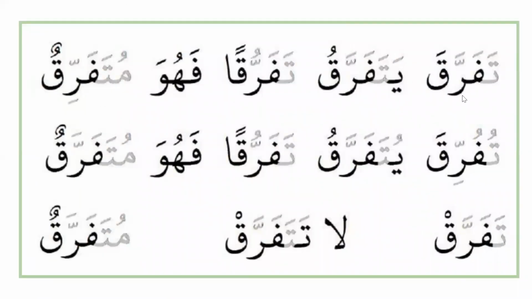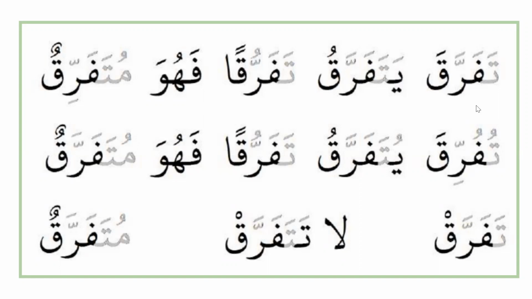And here the root letters are different, but following the same pattern. The root letters are fa, ra, and qaf. So tafarraqa, past tense, yatafarraqu, present tense, tafarruqan, masdar, fahuwa mutafarriqun. And for ism maf'ul and zarf, you take the mudare form, you remove the symbol of mudare and add mu to it.